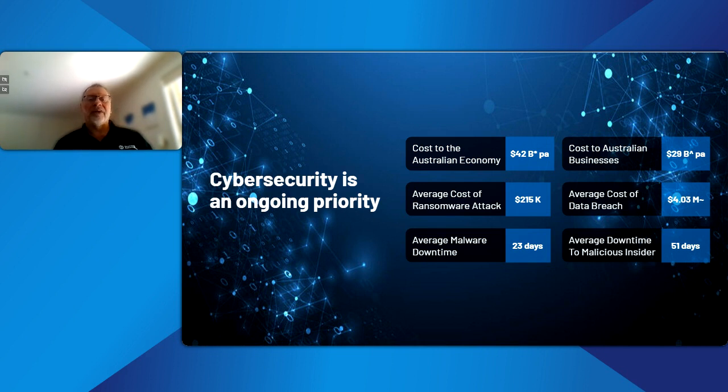They're saying cybersecurity costs us about $42 billion. The cost to Australian business is about $29 billion. That's actually a 2021 number. The average cost of a data breach is actually a 2018 number, from Frost and Sullivan.